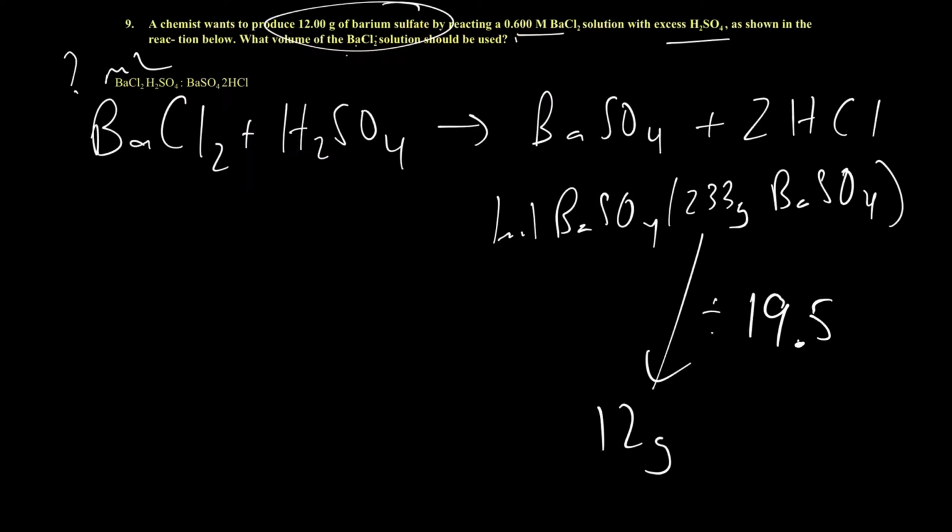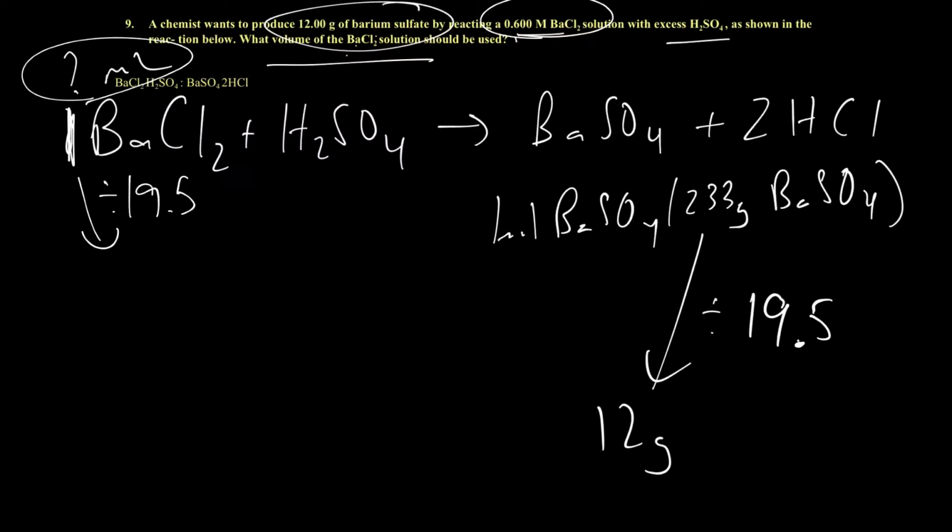And this says we want to know BaCl2. So how many milliliters of this? Yeah, that's what we had before. So how many moles is this? Well, it's 1 mole here, and we know that divided by 19.5 is right around 0.05 moles of BaCl2.